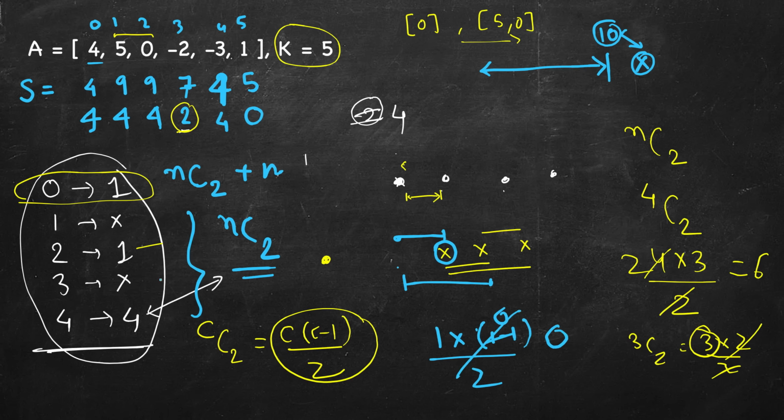So we don't need to handle these cases separately. For 0 also, these are 0. So 0 times 0 minus 1, that is minus 1 by 2, so this is also 0. For the 0 case, we will just need to add this extra n since these indices themselves are valid subarrays from beginning till this point.